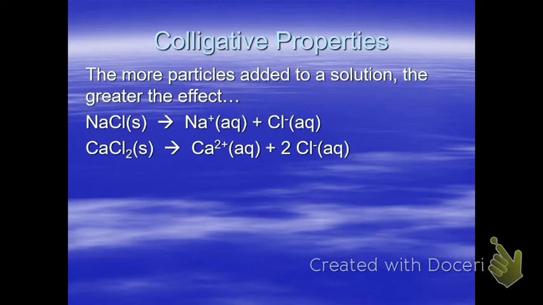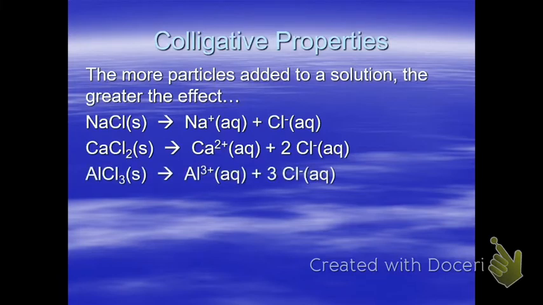That's 3 total ions on the right-hand side, 3 particles. So sodium chloride had 2, calcium chloride has 3. Aluminum chloride, again, look at the balanced equation here, has 4 particles on the product side.